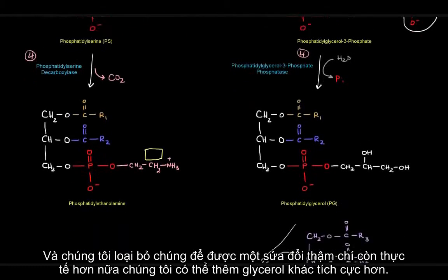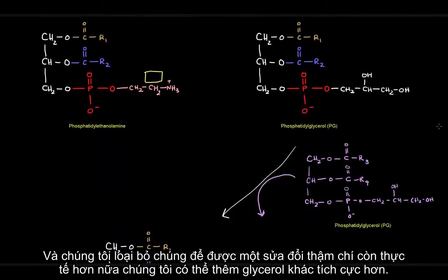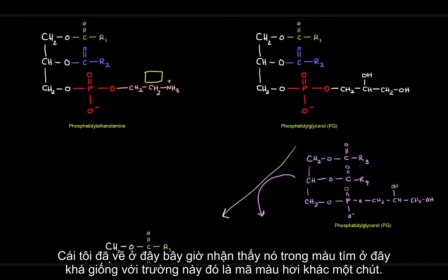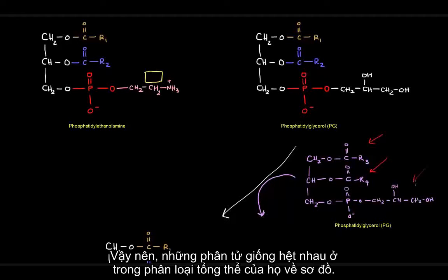It can be modified even further. In fact, we can add another phosphatidylglycerol, which I've drawn here. Now notice this in purple here is pretty much identical to this one that's color-coded a little bit differently. It's got these two acyl groups up here. It's got that, and then it has the phosphate with this glycerol portion out here.